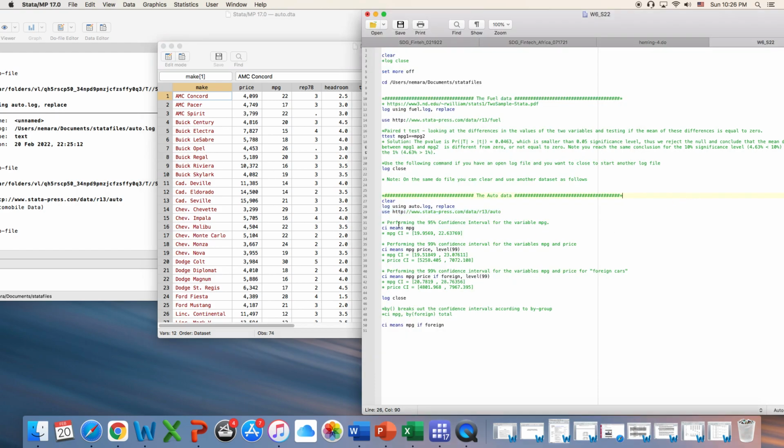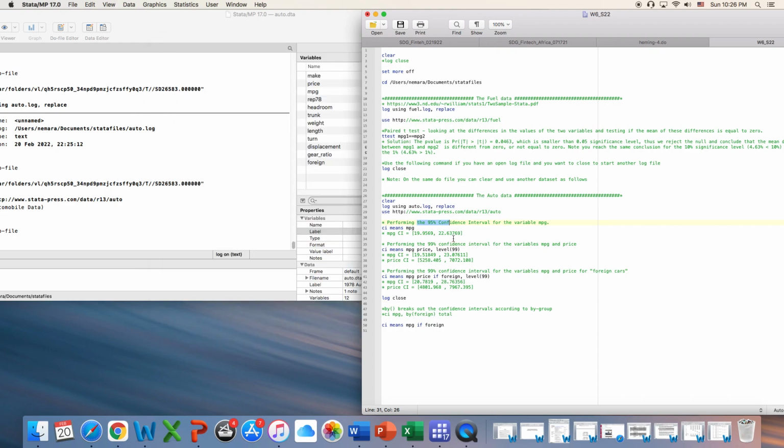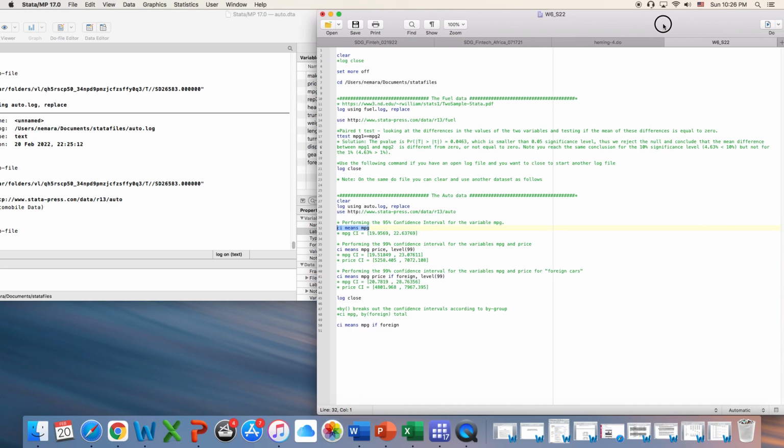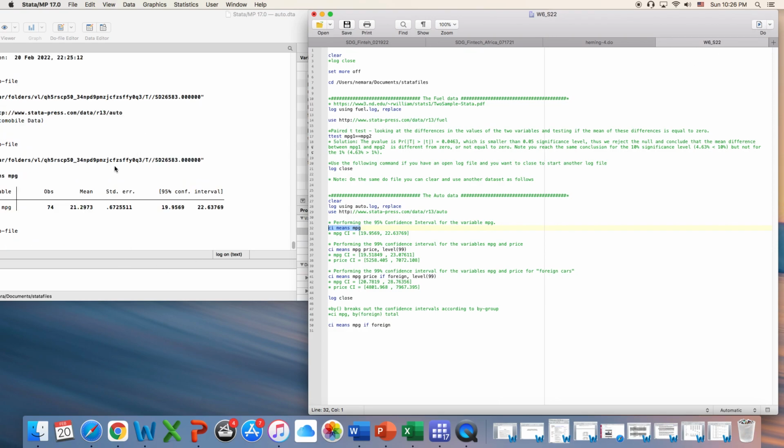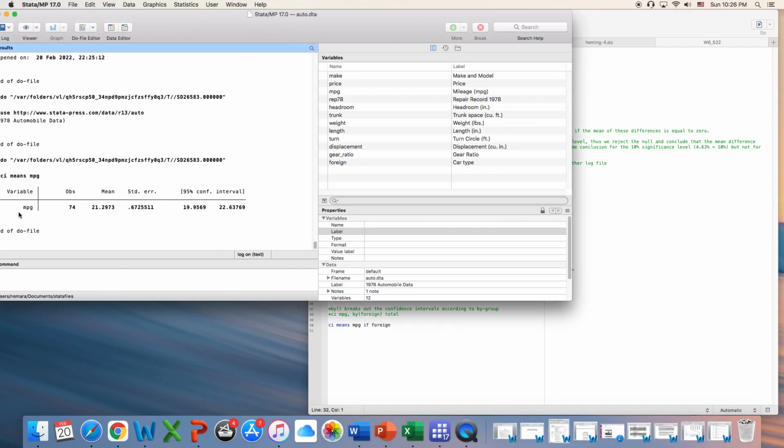So let's see here. What we're going to do is perform a 95% confidence interval. So how can we do that? You just type ci. ci stands for confidence interval, and then you type the word means, and then let's say I chose the variable mpg. So you type this one and then you execute it. What you get here is a straightforward answer. mpg, 74 observations, this is the mean, the standard error, and this is the confidence interval that we need.